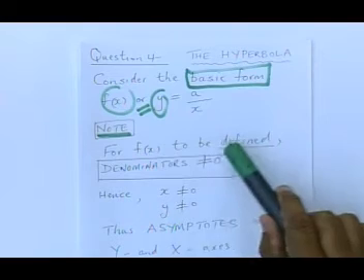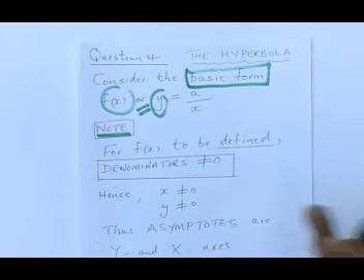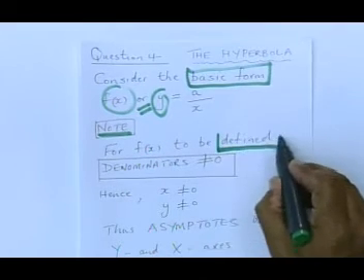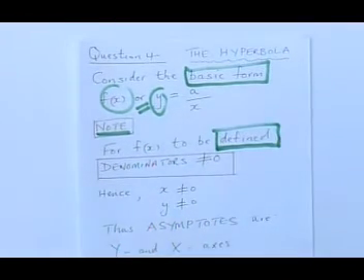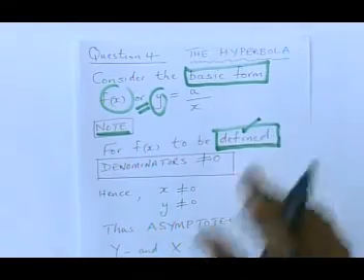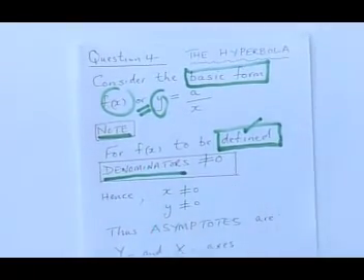For f(x) to be defined, we learn this from grade 8 onwards, that in mathematics, whatever we do, whether we work with a function or an equation, it is defined only if the denominator is never equal to 0.